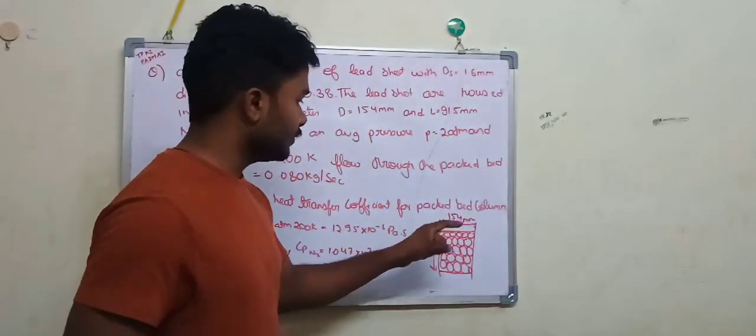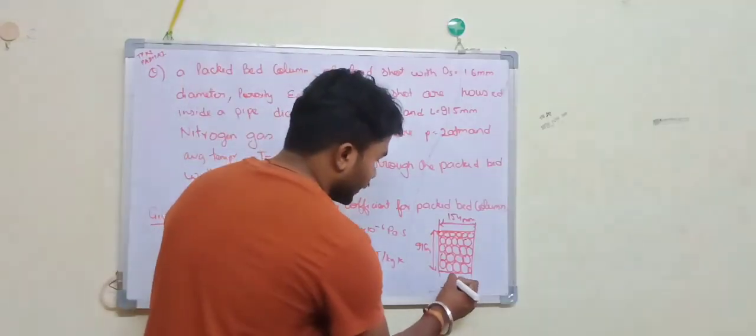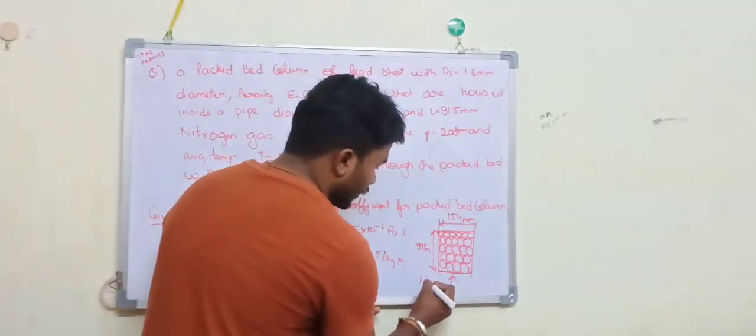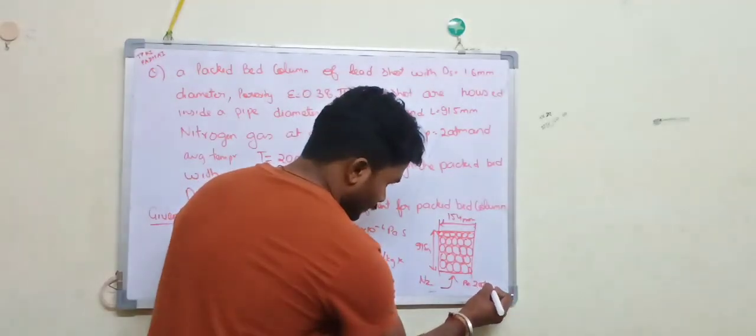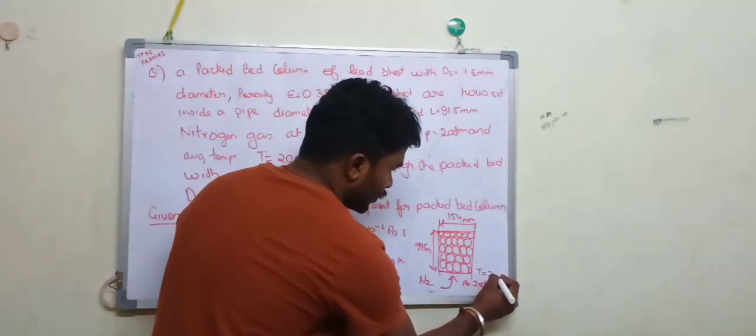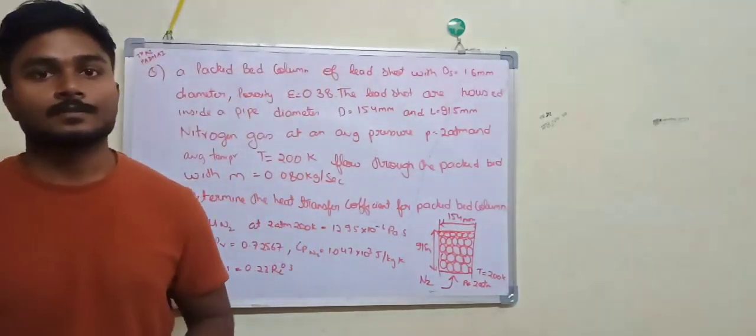So this is a diagram. Lead particle diameter. Here we are giving N2 gas at a pressure of 2 atmospheres and a temperature of 200 Kelvin. So let's solve the question.